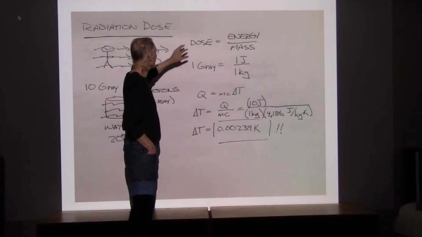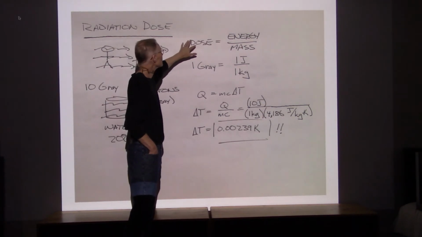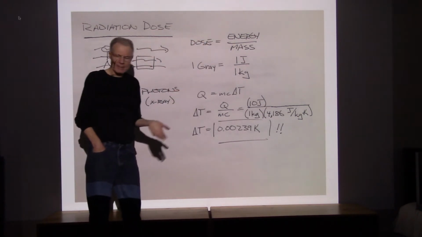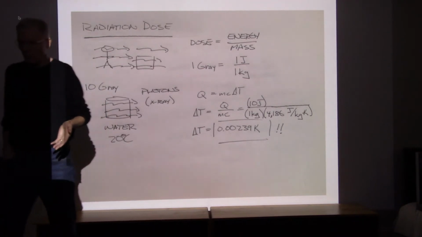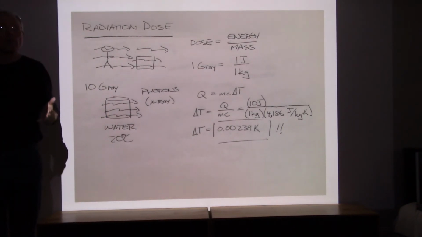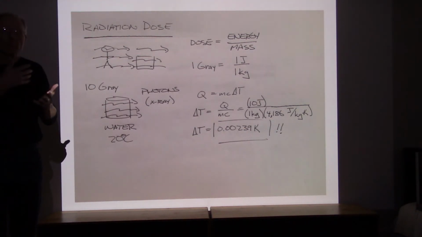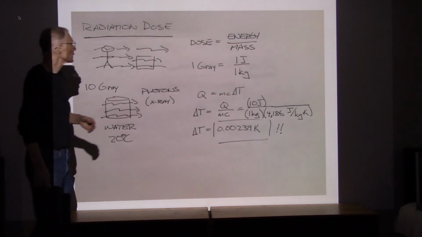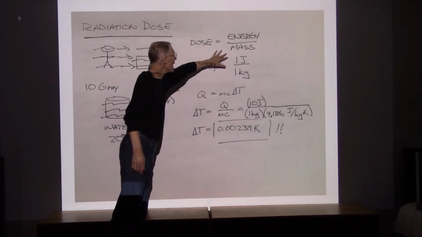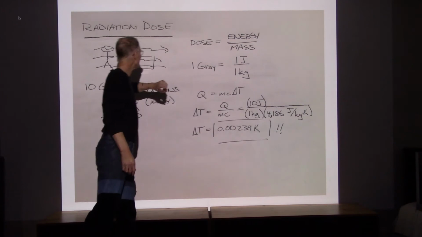And so the way we define dose is this. We say, what is the total amount of energy of radiation that went through that material? So what's the energy of radiation that passed through the material? And then how much mass was there in the sample?